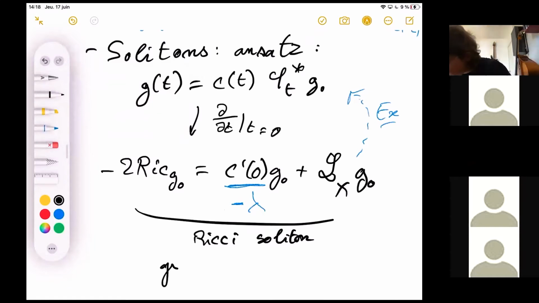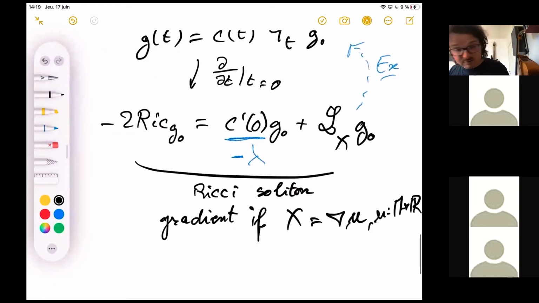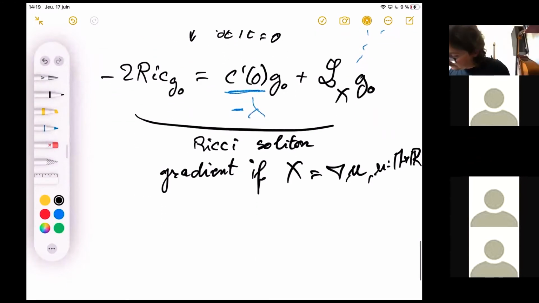And we will say that it's gradient if X is the gradient of some function u from M to R. And if X is a gradient, then you can rewrite this equation, because the Lie derivative of the metric in the direction of the gradient is just twice the Hessian.